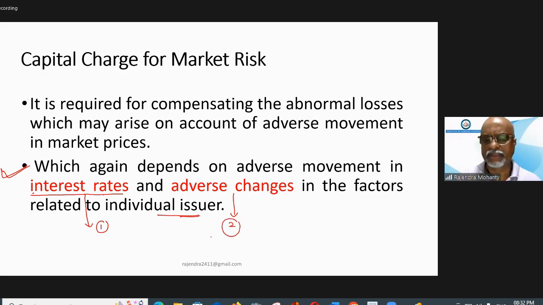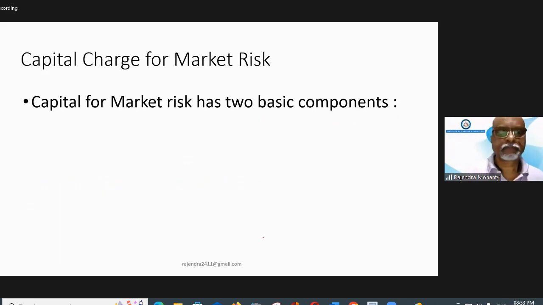Due to these two, losses might happen for which market risk capital has to be calculated. So for the first kind of changes, whatever capital is calculated is called general market risk calculation. And for the second kind of changes, whatever capital is calculated is called specific market risk calculation. Now is it clear? Yes, sir.